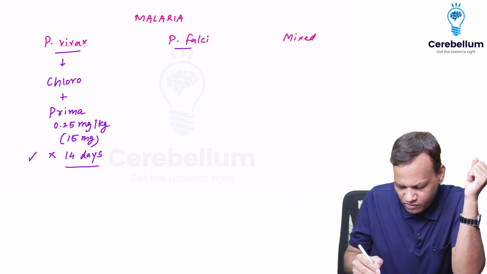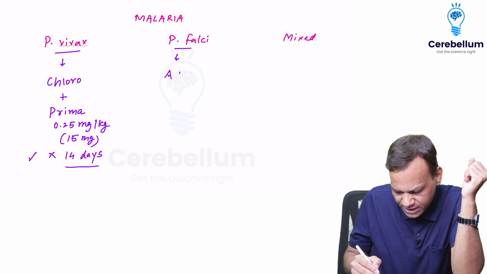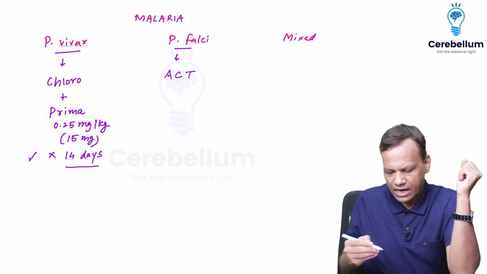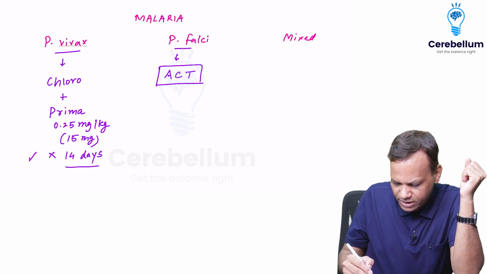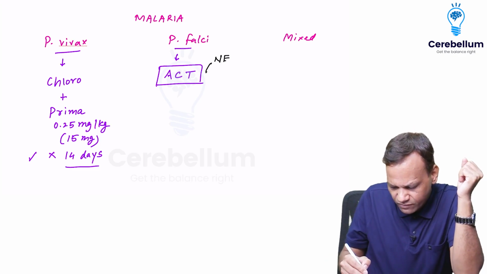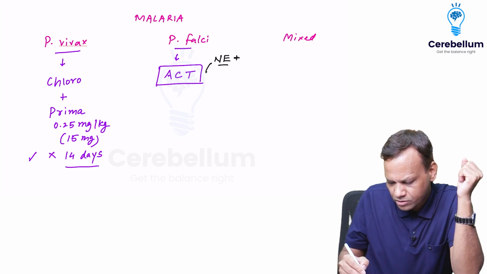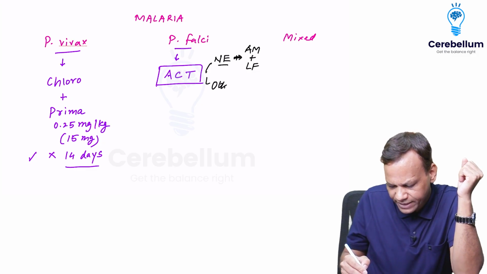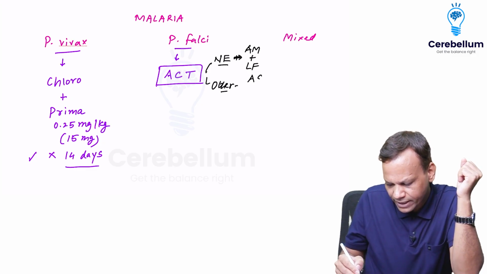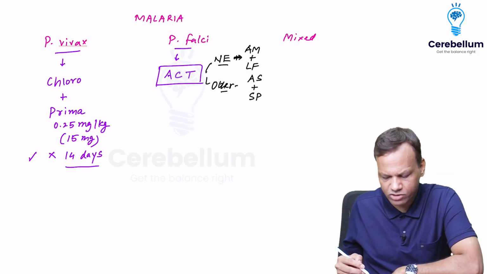On the other hand, in Plasmodium falciparum, the treatment of choice is ACT. And we know ACT is of two types. What are the two types? One, in the northeastern states, we use artemether plus lumefantrine. But in all other parts of India, we use artesunate plus sulfadoxine pyrimethamine.